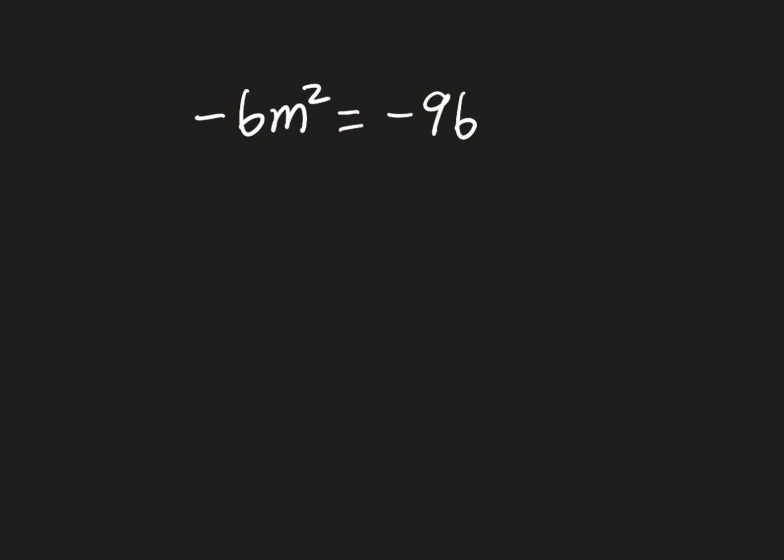Divide by what? What's our variable being multiplied by? What do I divide by? 6 or negative 6? Multiplied by negative 6, divide by negative 6. The 6's cancel out. Well, they make 1, I guess.